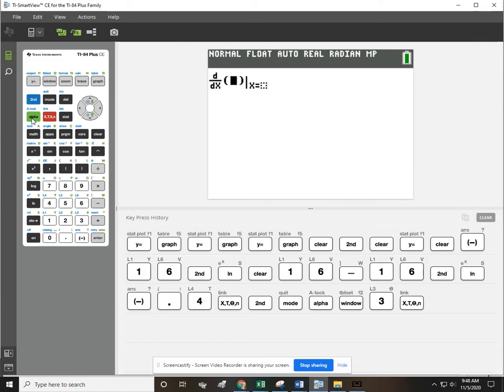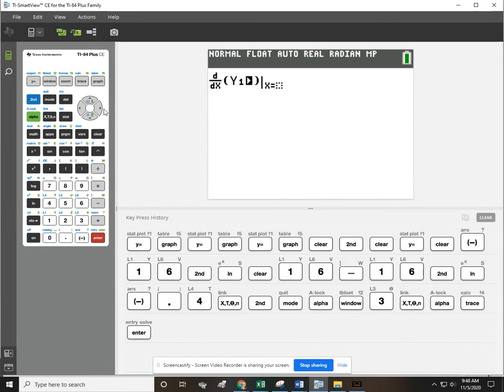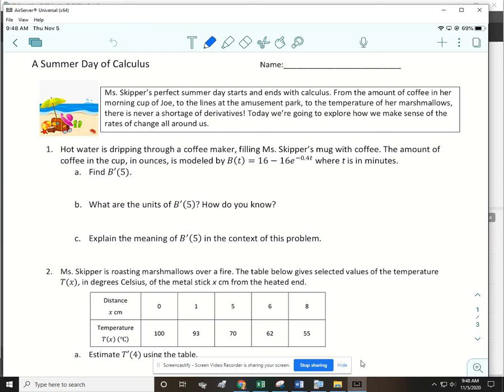And again, I'm just going to go ahead and use x. And then since I put that in y1, I'm going to use the alpha trace buttons and choose y1. And we're evaluating this derivative when x is 5. Right, there it is. Okay, so B prime of 5 is, and we want to be accurate to at least 3 decimal places, so round or truncate.